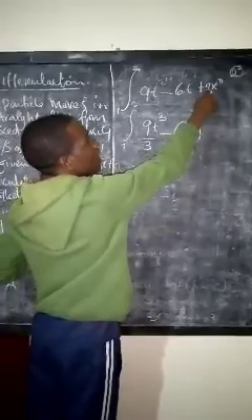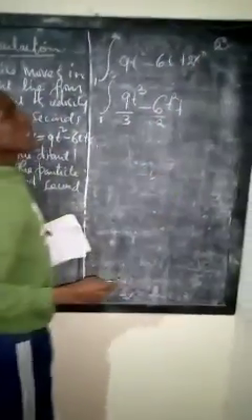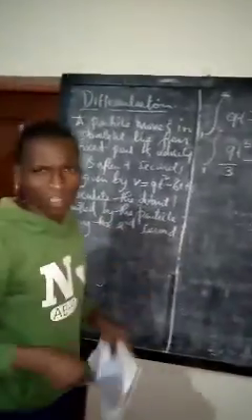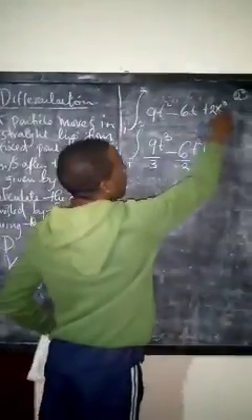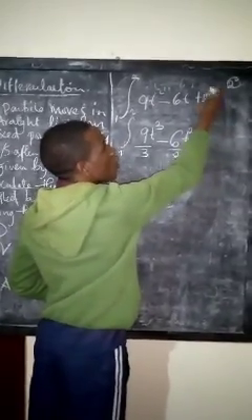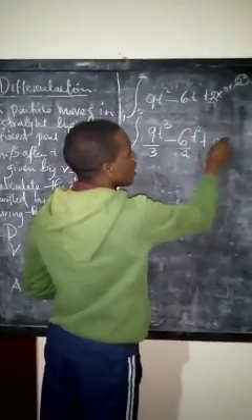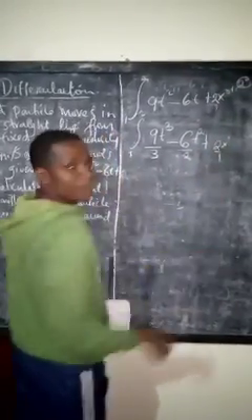Therefore, a constant like 2, 3, 4 multiplied by a variable raised to power 0 is the same as that constant. So if it is raised to power 0, we add power 1, we divide by 1, and we shall have 2x power 1 divided by 1.